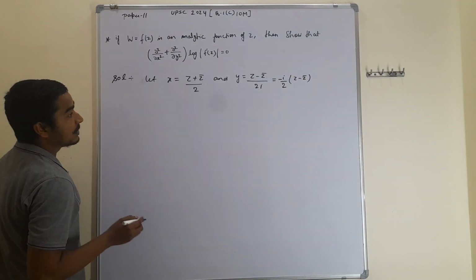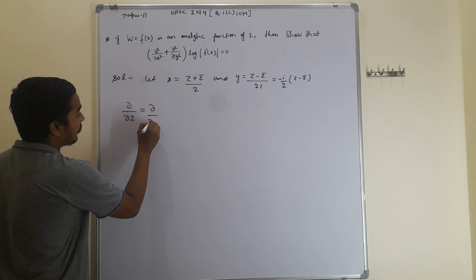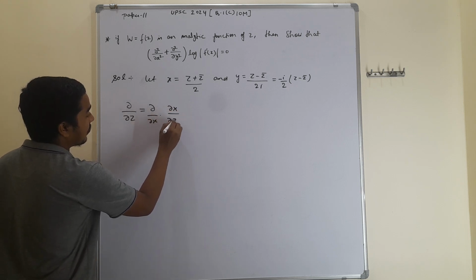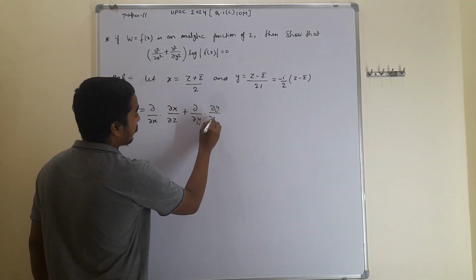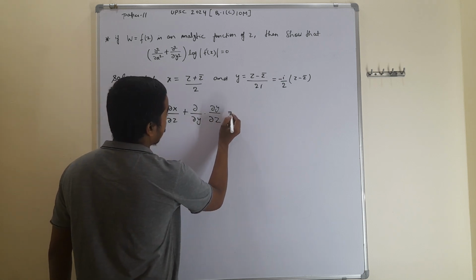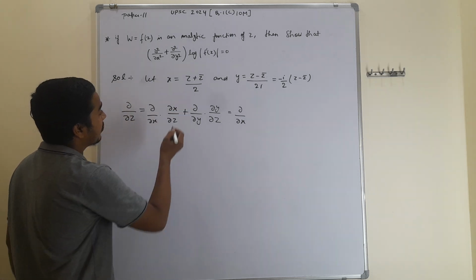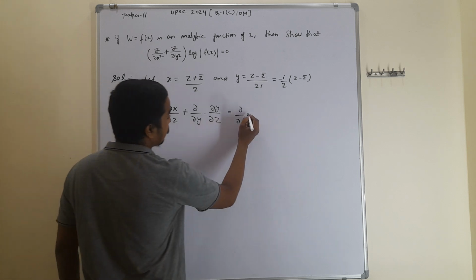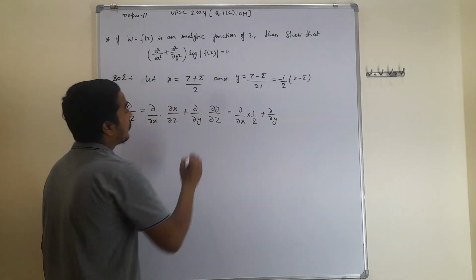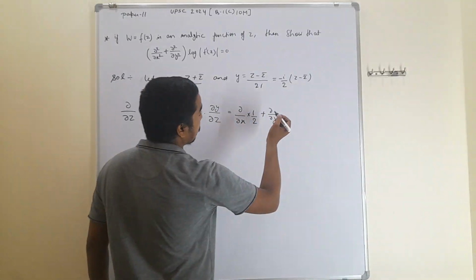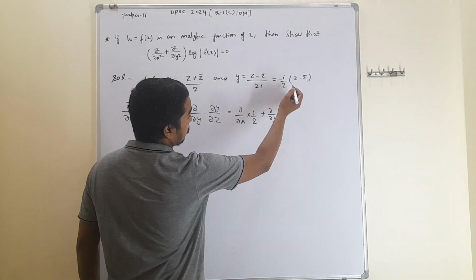From here, using the chain rule, ∂/∂z is written as ∂/∂x · ∂x/∂z + ∂/∂y · ∂y/∂z. Here ∂x/∂z is 1/2 and ∂y/∂z is −i/2.